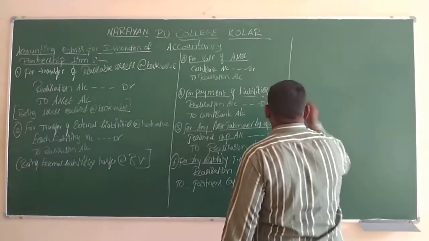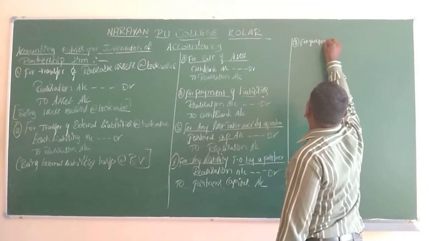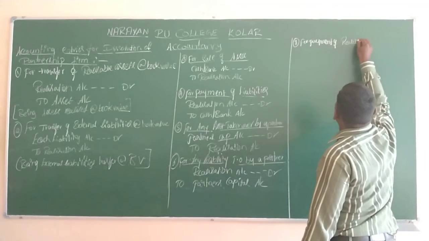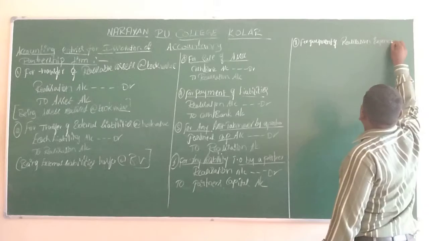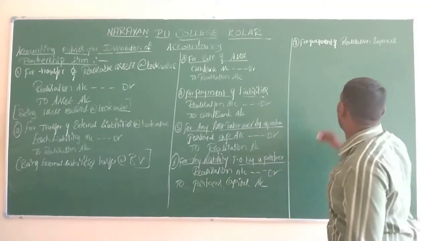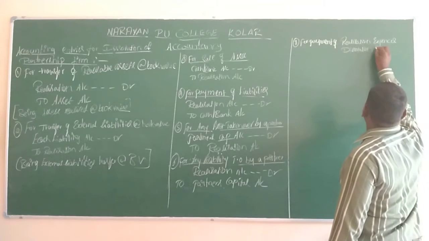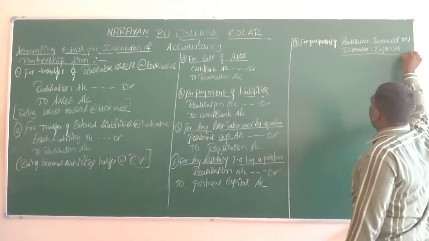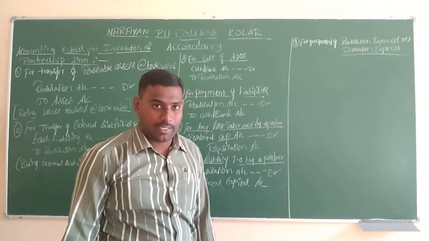So the seventh journal entry is for payment of realization expenses, or we will call this one dissolution expenses.